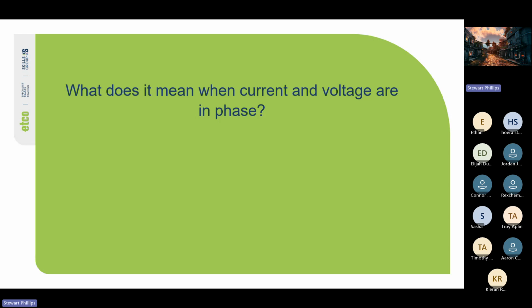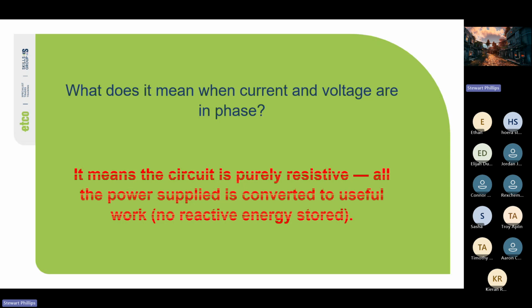Yep, purely resistive circuit, phase angle of zero. So it basically means we have a purely resistive circuit. If we were shown a graph with voltage and current being in phase, we would know that circuit is purely resistive. And so all of the power supplied is converted into useful work. So no reactive energy stored.